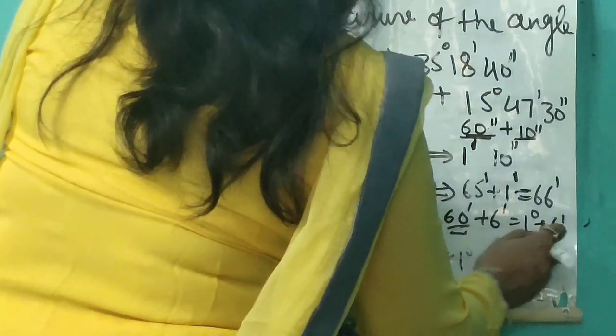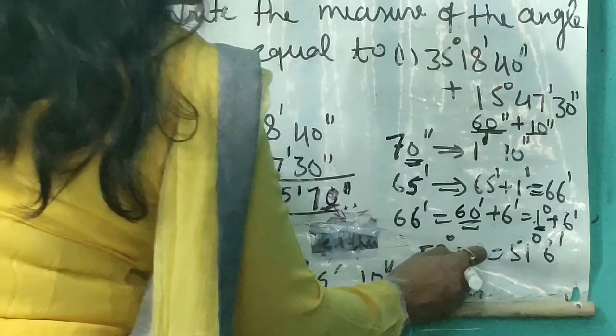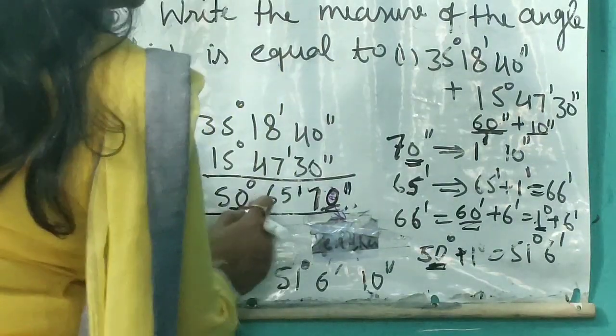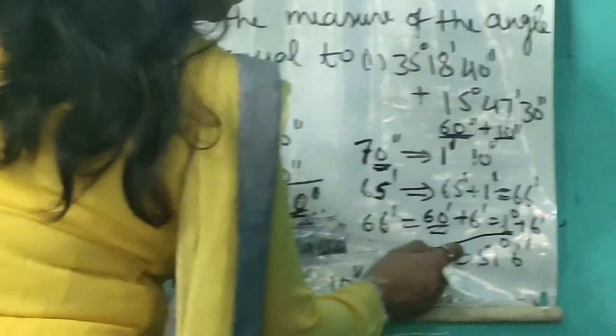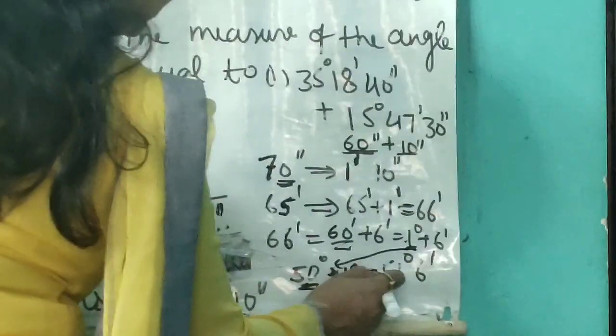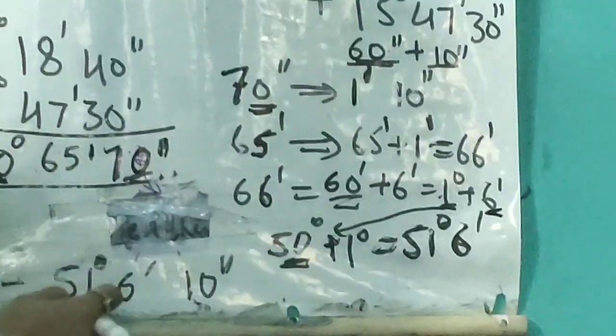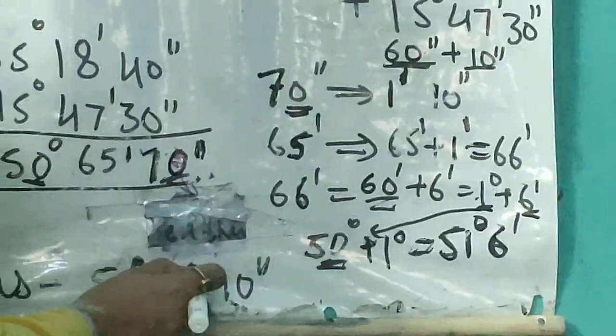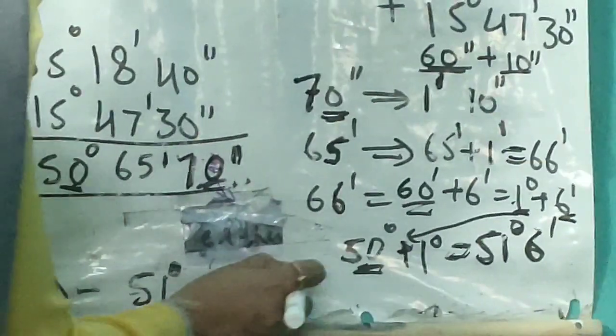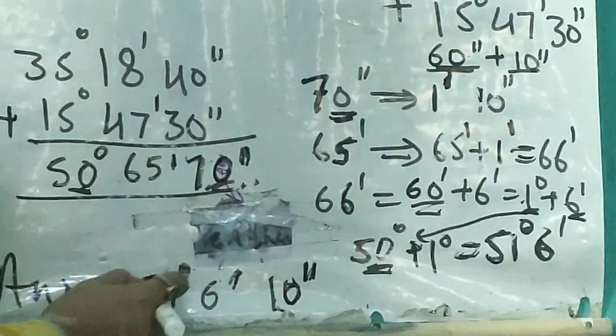Now this 1 degree you will add in the degree, 50 degree. So 50 plus 1 degree, that will be 51 degree. Now minute value is 6 minutes. So all together you can write 51 degree, 6 minutes and 10 seconds. So this is your final answer.